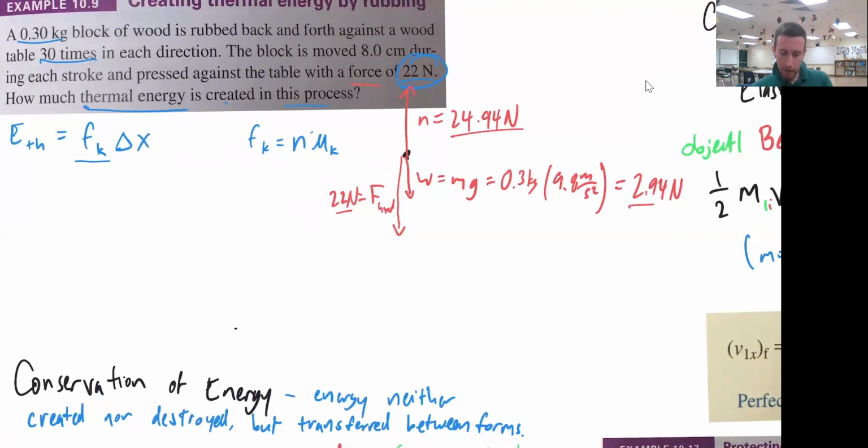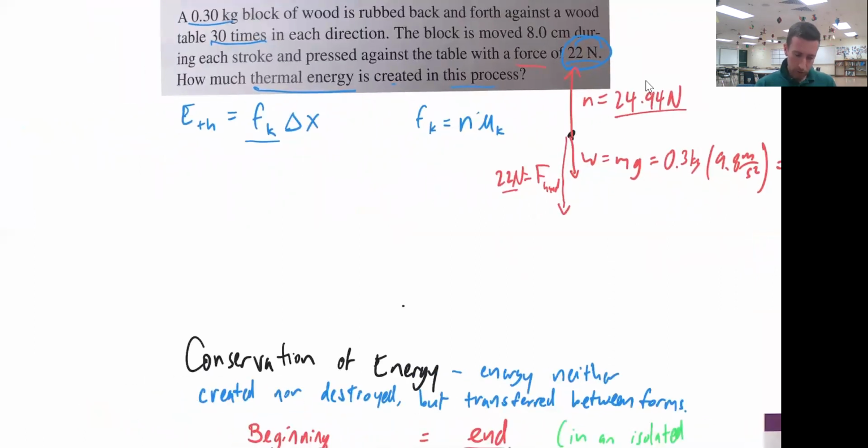Okay, the coefficient of friction, I have to look up because it's a block of wood rubbing against a wood table. So that would be wood on wood, and I'm pretty sure that that is a coefficient of friction of 0.3. But let me double check. It is 0.2. Okay, so the coefficient of friction for wood on wood, mu sub k, is 0.20.